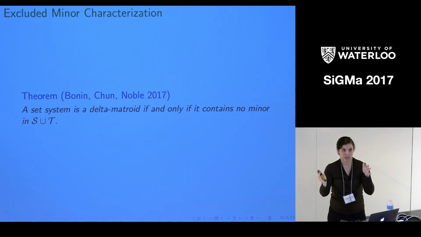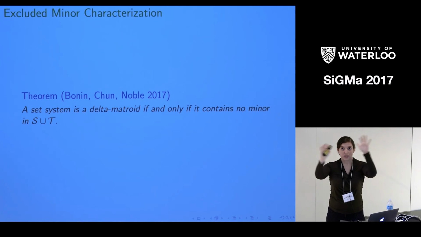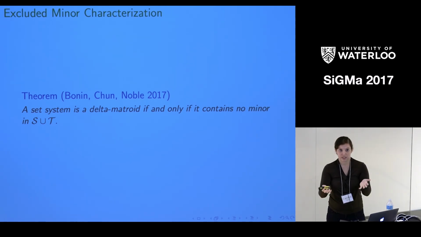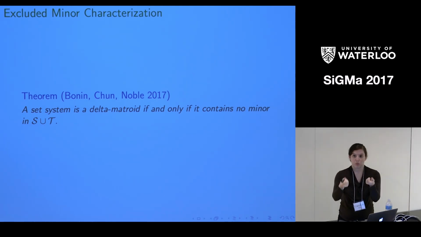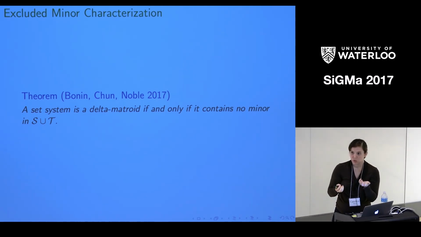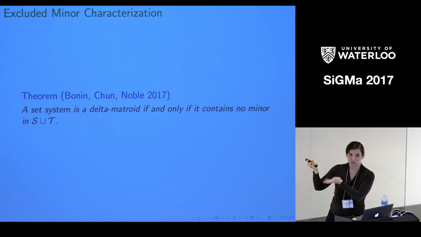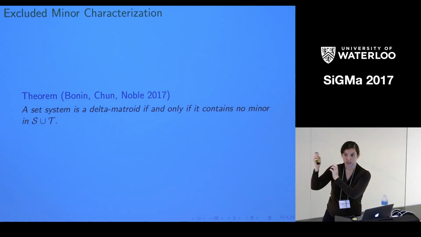So if I have a set system that doesn't have any of these as a minor, then you have a delta-matroid. So you can think of a delta-matroid as always living inside of the Higgs lift between D-min and D-max. And what are you able to remove and keep a delta-matroid? Well, you have to just avoid building any of your excluded minors.